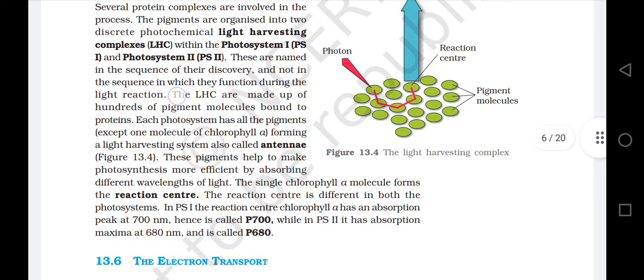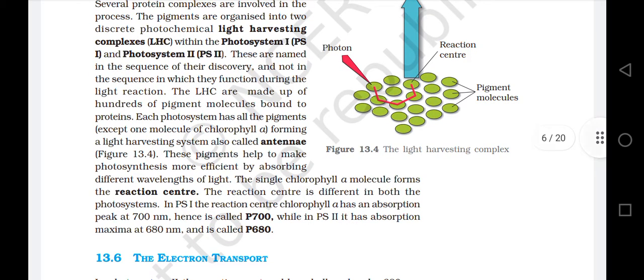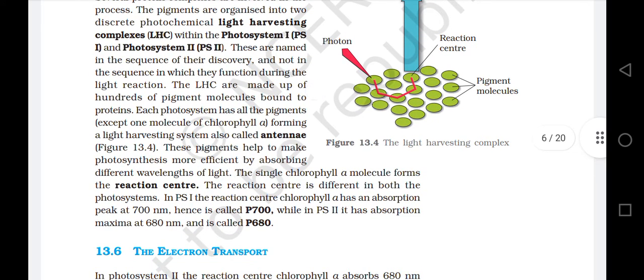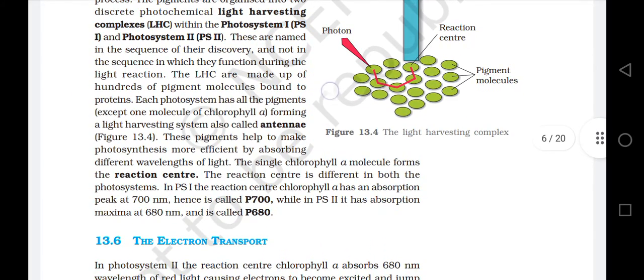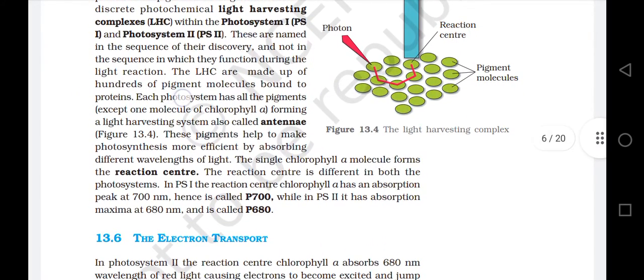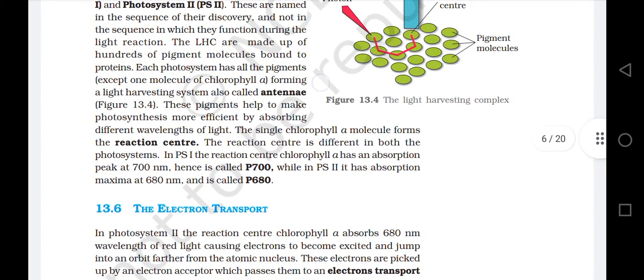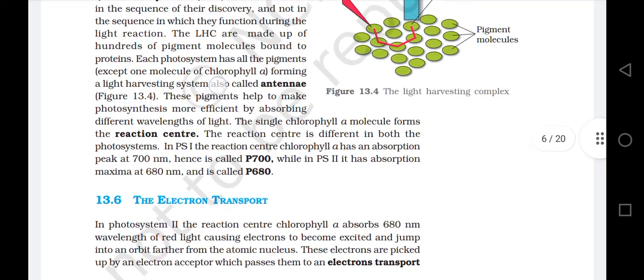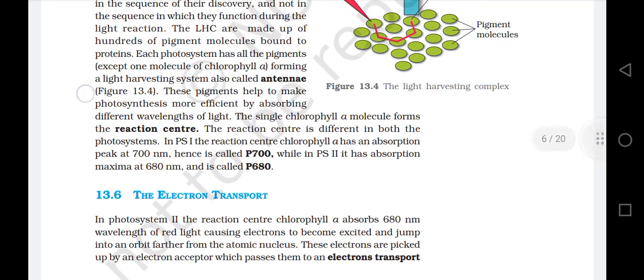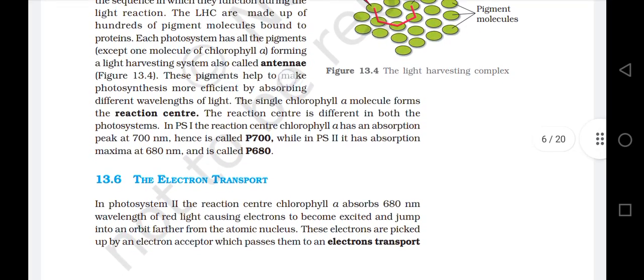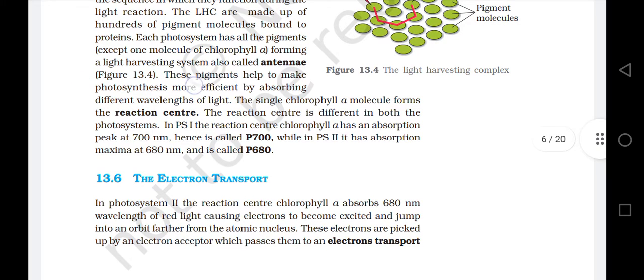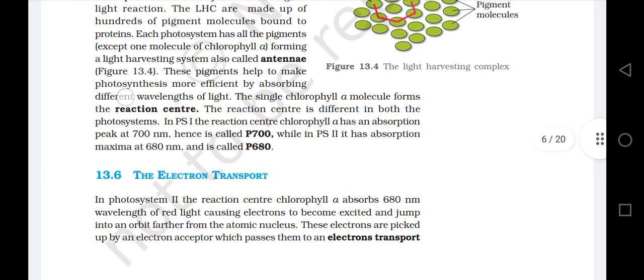The light harvesting complexes are made up of hundreds of pigment molecules bound to proteins. Each photosystem has all the pigments except one molecule of chlorophyll A forming a light harvesting system, also called antennae. Figure 13.4. These pigments help to make photosynthesis more efficient by absorbing different wavelengths of light.